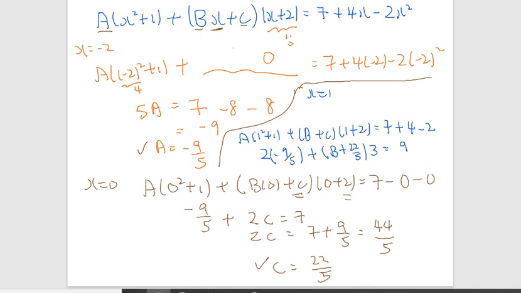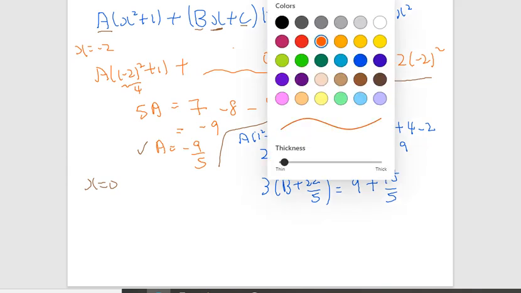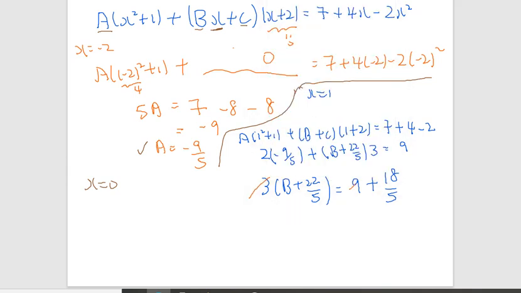After that, you try to solve for b. So you can say 3 bracket b plus 22 over 5 is 18 over 5. And then we can divide by 3: 3 divided by 3 is 1, 18 divided by 3 is 6.